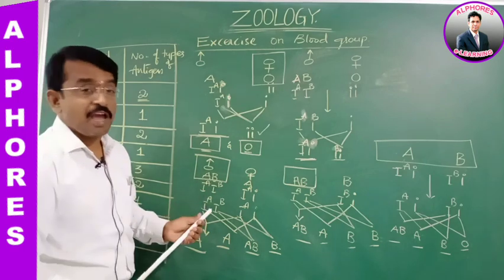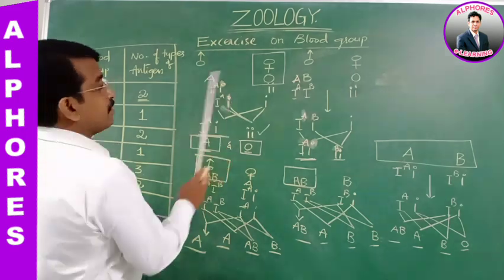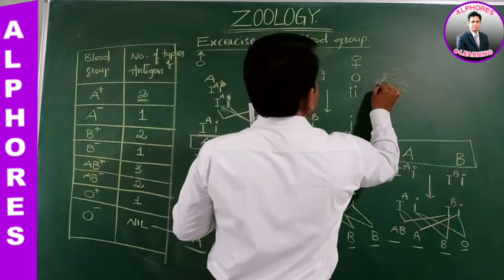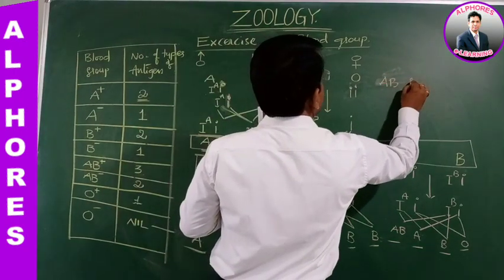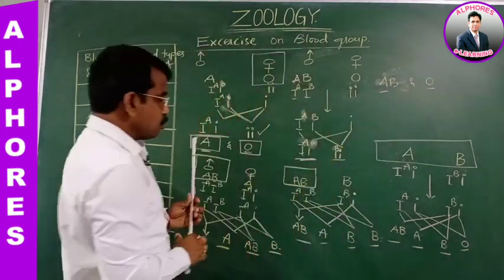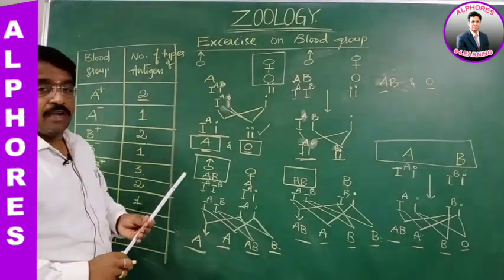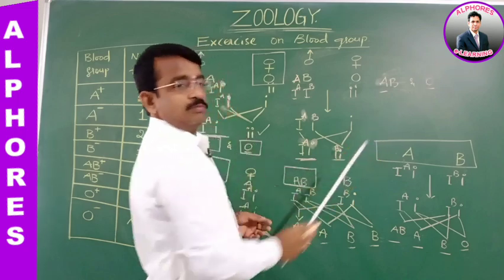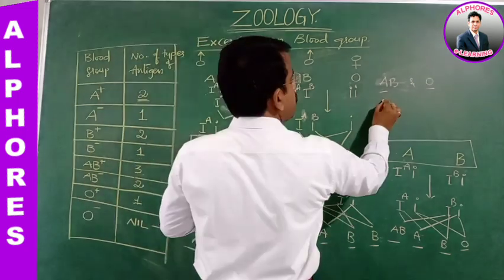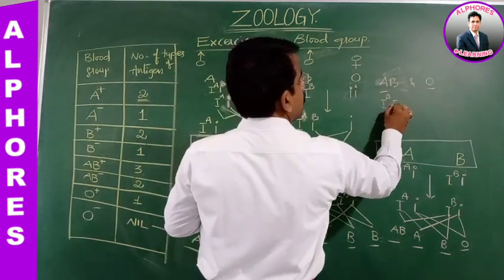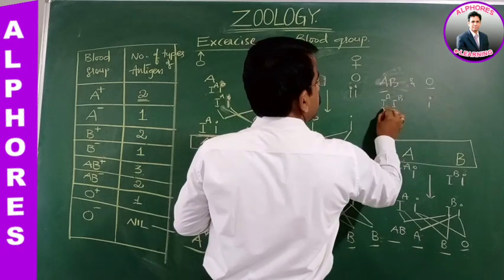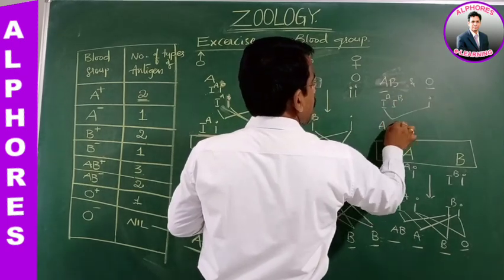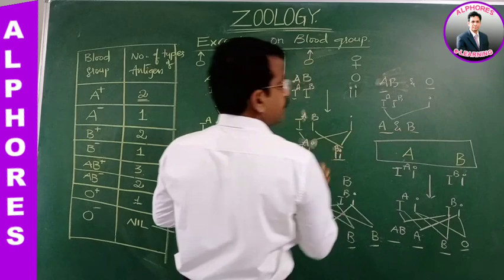You should be very careful. Even in the case of AB and O, one of the parents is O, but no baby born will be O blood group. They are with either A or B.